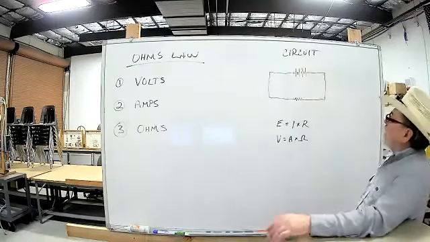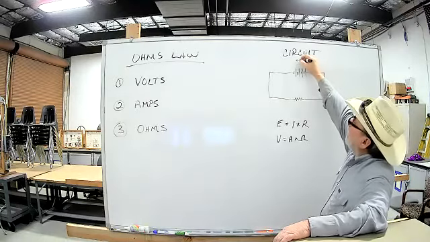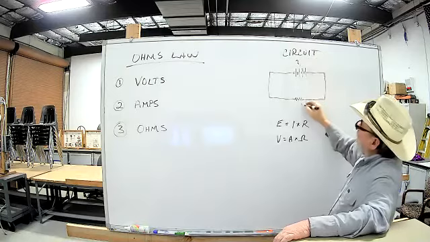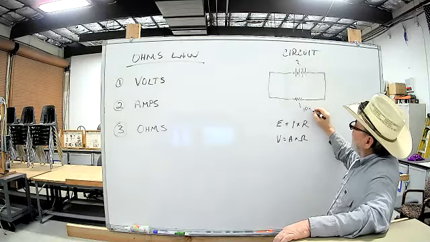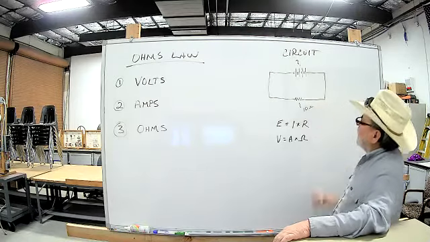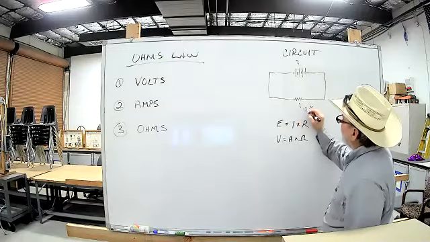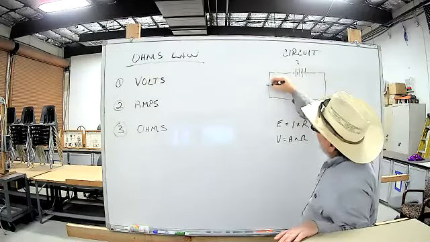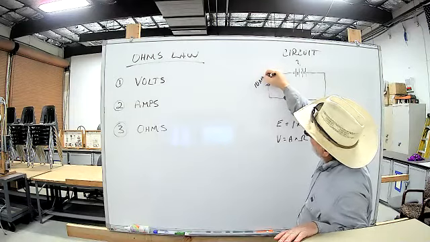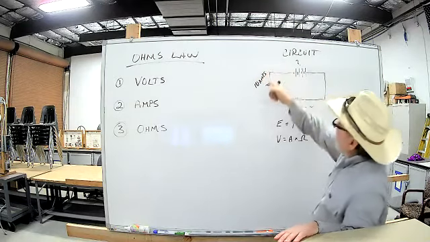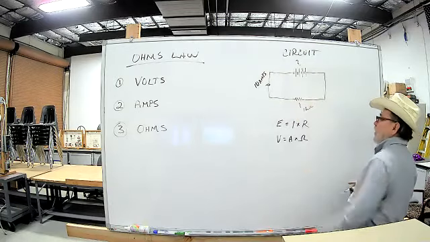Okay, so right now, let's say we don't know what our voltage is, but we know that this is going to be 12 ohms. And let's say this is 10 amps. So we got 10 amps of current flowing through a 12 ohm resistor.